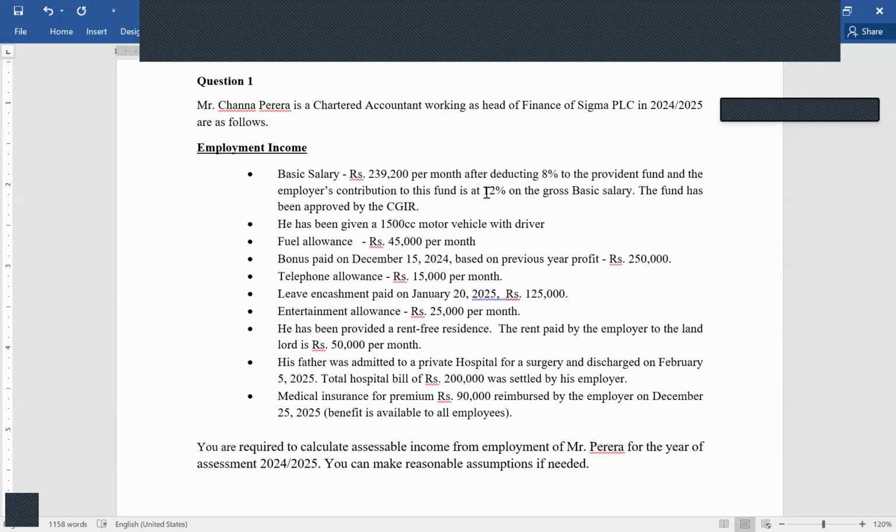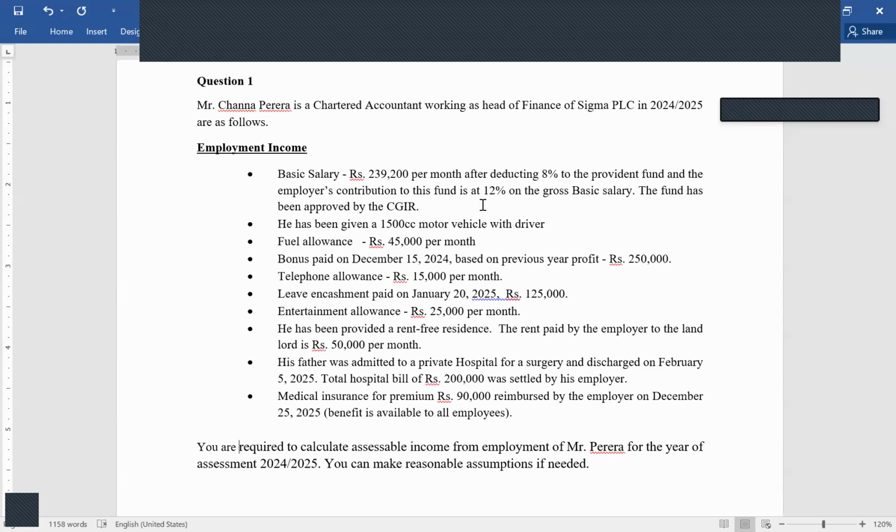So I think you can remember when I was explaining about the employment income, I mentioned some items that should be included and sometimes that should be excluded. In the excluded part, I mentioned some income are tax exempt, some income should be tax excluded. So if you can remember, employer's contribution to the pension provident fund is an exempt.